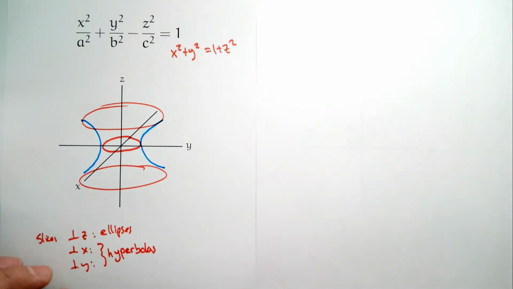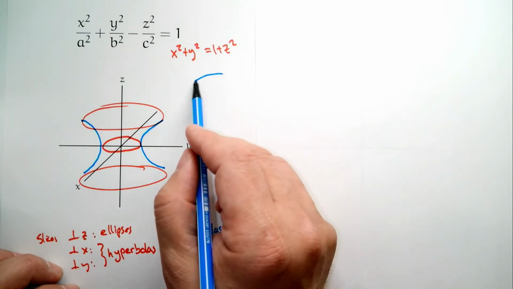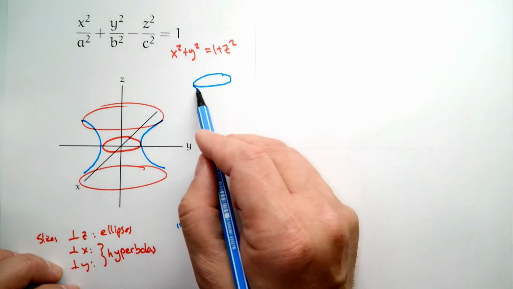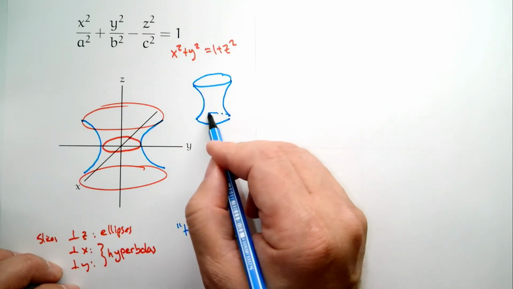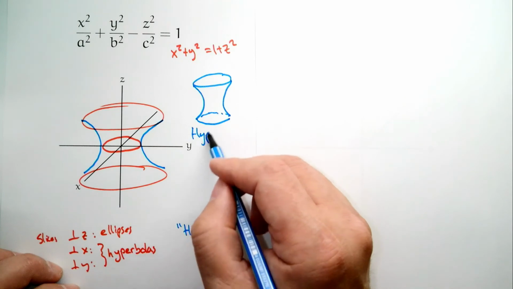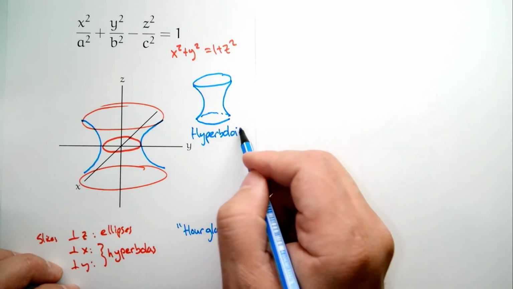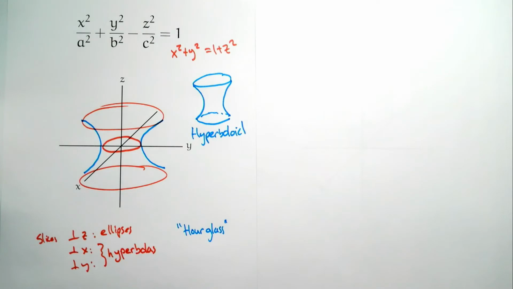Well, sometimes this is called an hourglass type shape, but that doesn't sound very technical. What's a better name for it? Hyperboloid. It's essentially a nice three-dimensional generalization of hyperbolas. So that's the shape we're forming. So the cross sections are circles, ellipses, or hyperbolas, depending on which directions we go in.